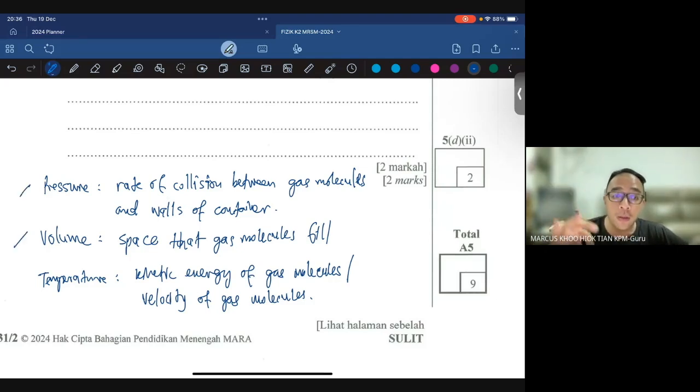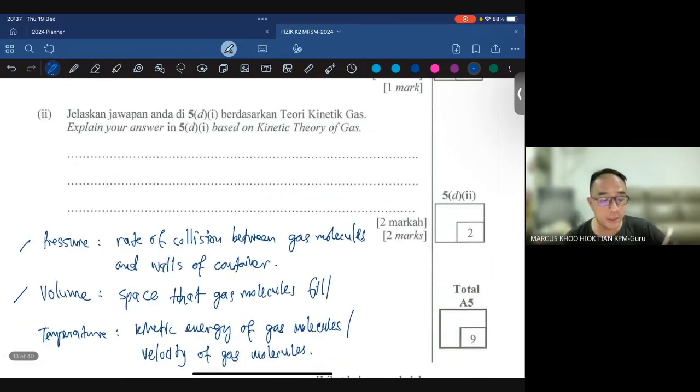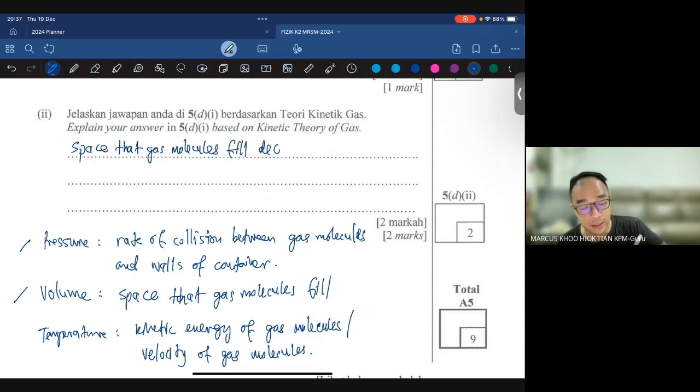Okay, so what happens when you push the piston down? When you push the piston down, the space that gas molecules fill decreases. Okay, the space decreases.